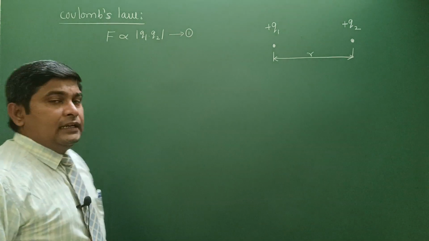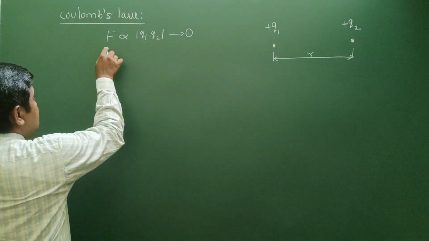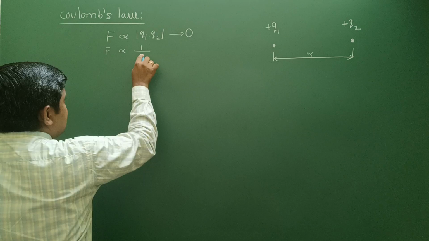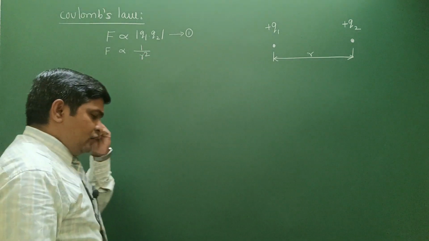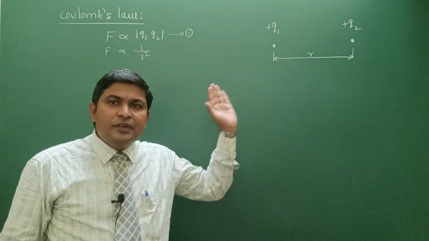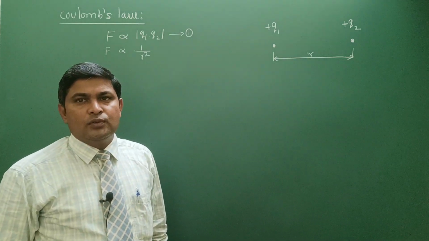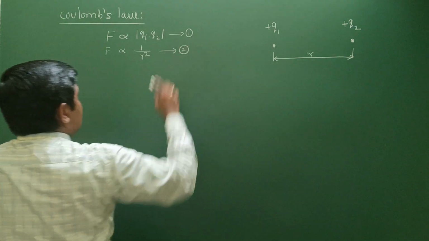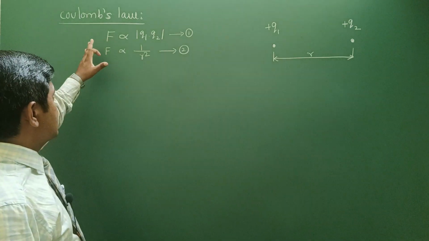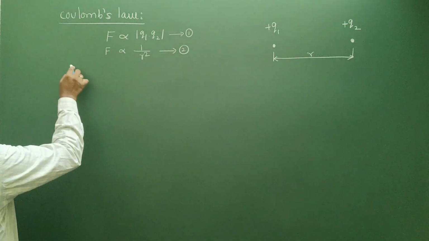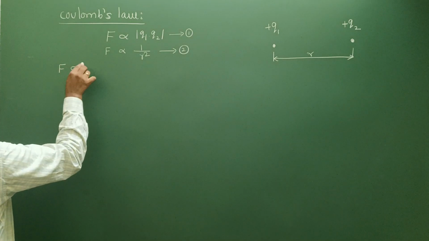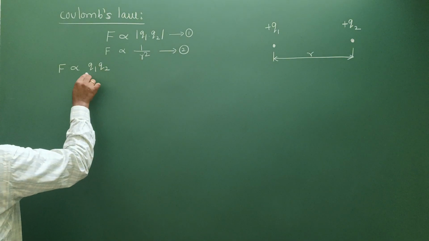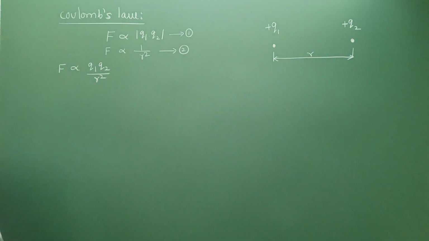Another statement is that the force is simultaneously inversely proportional to the distance square, meaning the square of the distance between those two charges. That is the second statement of the law. If we combine the two statements, force is directly proportional to the product of the two charges and inversely proportional to the square of the distance between them.